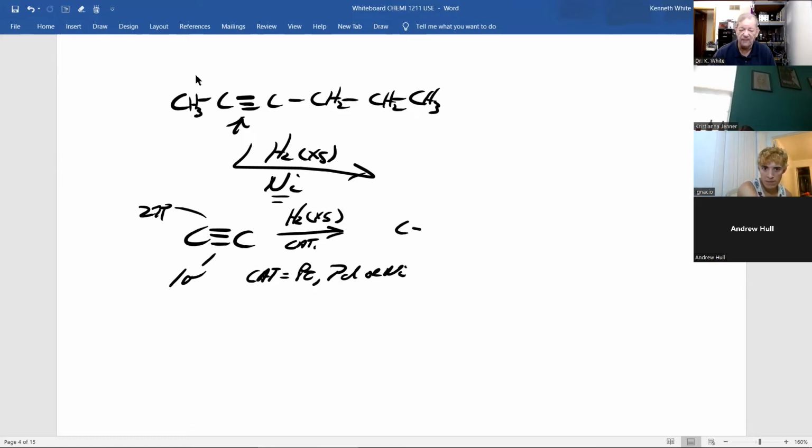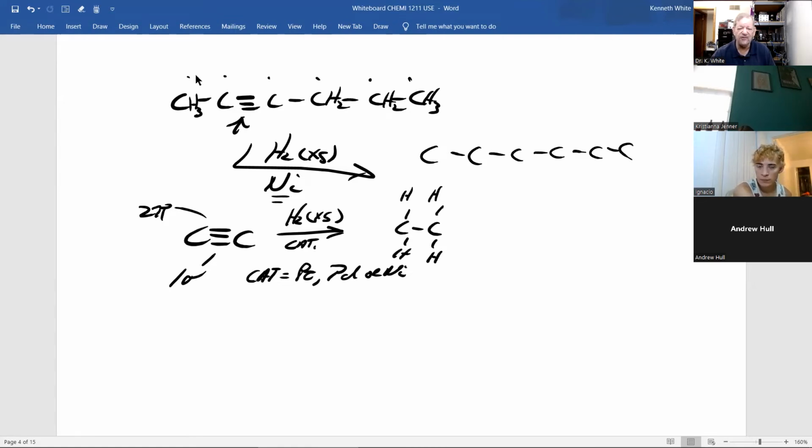And you break the 2 pi bonds, and each carbon of the triple bond gets two hydrogens. Do you break carbon-carbon single bonds? No. So I have 1, 2, 3, 4, 5, 6 carbons. I better end up with 6 carbons.